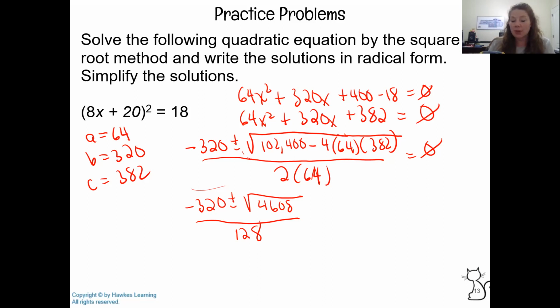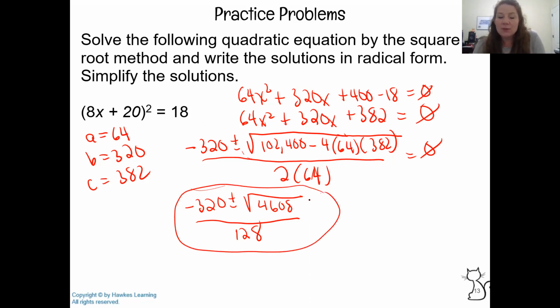That's a big number, isn't it? 4608 is going to be 67 squared, 4489. Well, that is too big of a number to simplify, isn't it? That is such a big number. I don't know why this is an example.